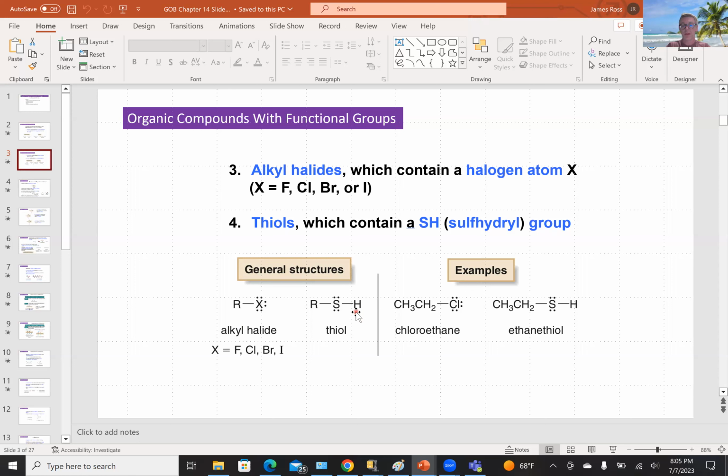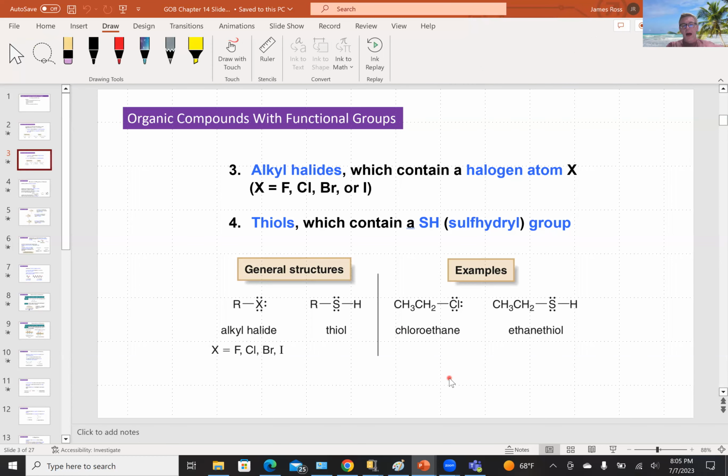A specific example of an alkyl halide would be chloroethane. Oh, I should mention as well, I'll use the word alkyl halide, but you might also see haloalkane written. If you see haloalkane written, it can be used interchangeably with alkyl halide.